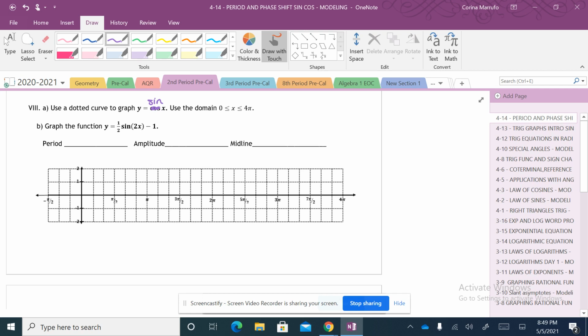So let's start off by doing sine. So sine starts here at 0, 0. It goes up, then comes back down. Let's just put it in there.